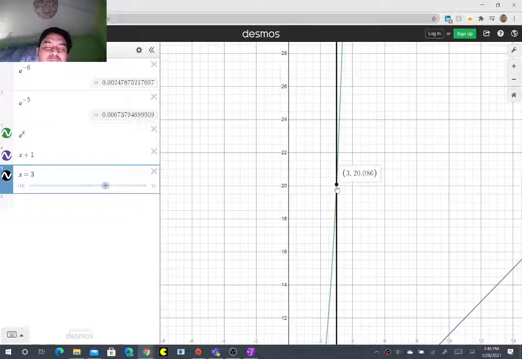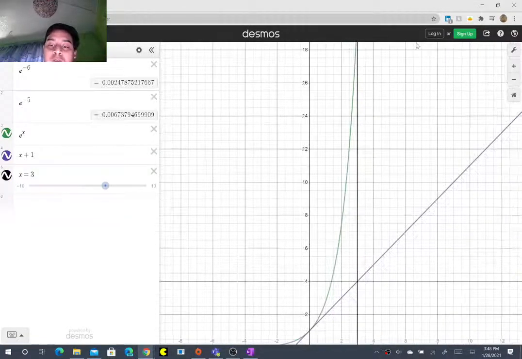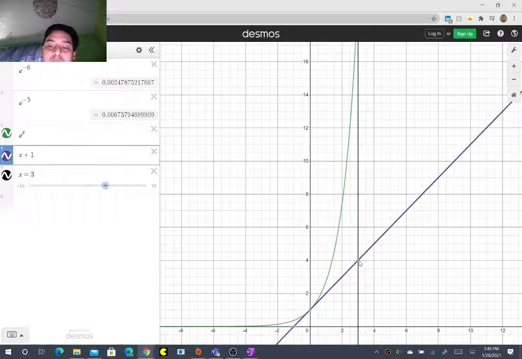So 20.1, or 20 if you want to put it that way. But you see how that is a lot higher than what we got for our x plus 1, which was a 4.